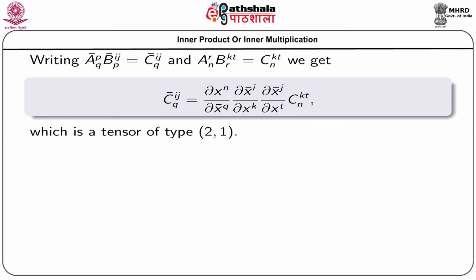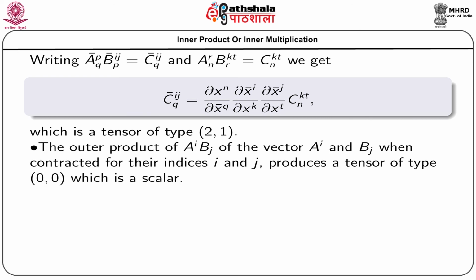So, the inner product of the tensors with components A^{pq} and B^{ij}_l is a tensor of type 2, 1.